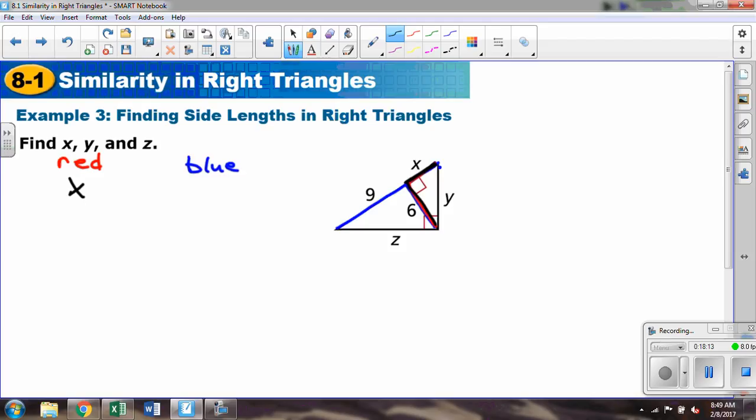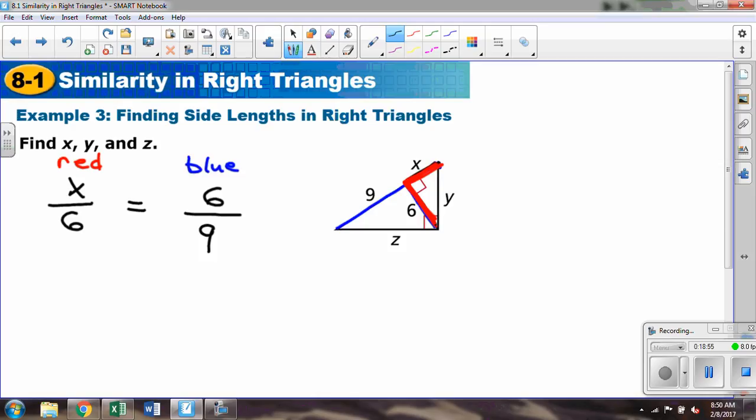So short leg matches short leg. I also have to match it up long leg with long leg. In my small red triangle, what is the longer leg? Of course, that's 6. Long leg has to match long leg. So in the blue triangle, what's the longer leg? That's 9. And there I've built my proportion.